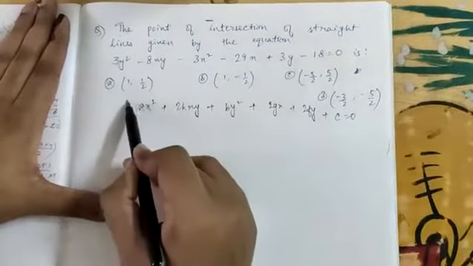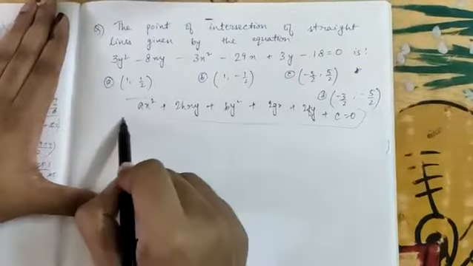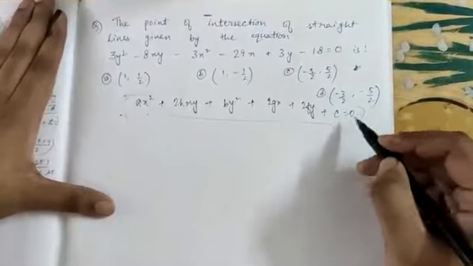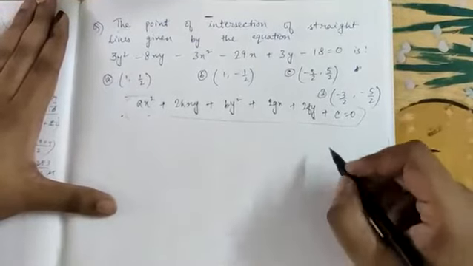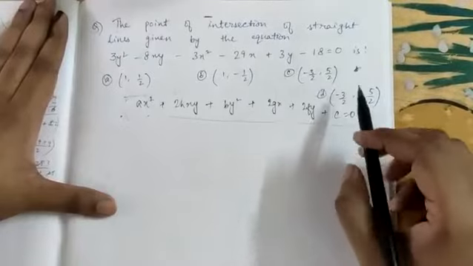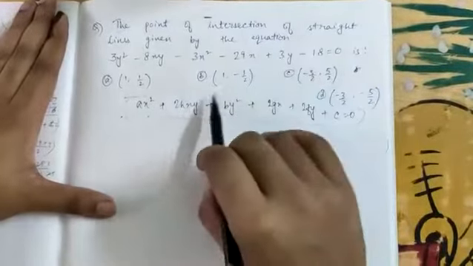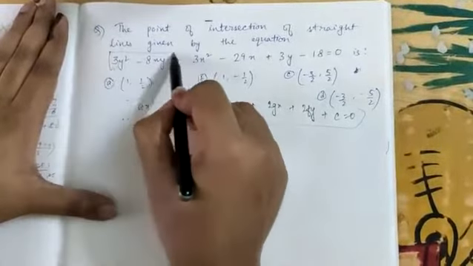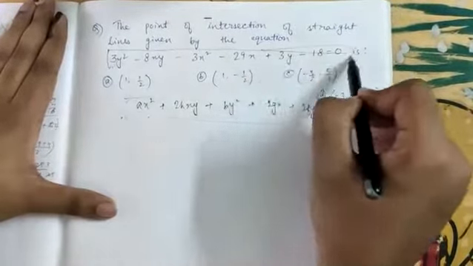This is the equation of any general conic section. It may represent a straight line, hyperbola, ellipse, whatever. To find the point of intersection, it's already mentioned that this is the equation of a pair of straight lines, the given equation, that is 3y square minus 8xy and so on.